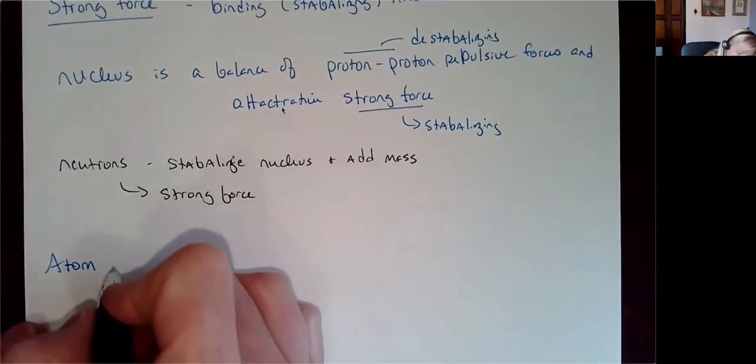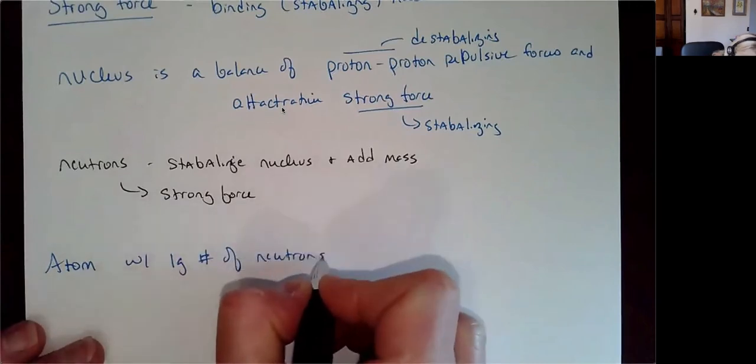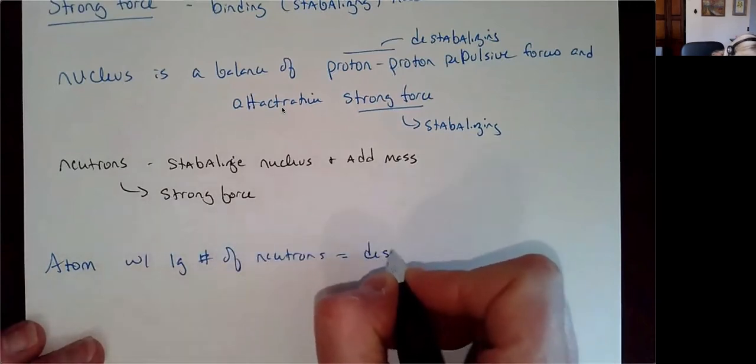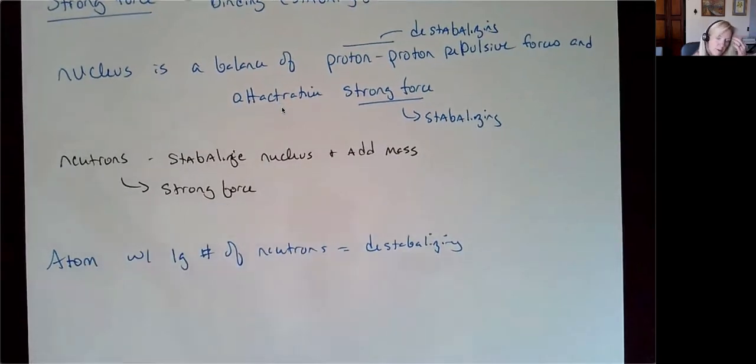If I have an atom with a large number of neutrons, this actually becomes destabilizing because these neutrons have to be somewhere. If you think about how we put electrons in an atom, we put them in terms of energy levels. The electrons closest to the nucleus had lower energy, and the electrons further away from the nucleus had higher energy.